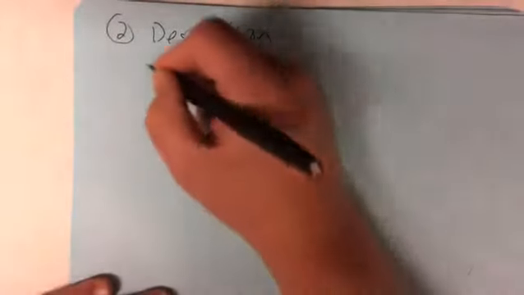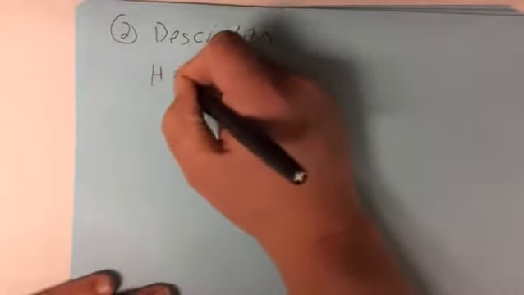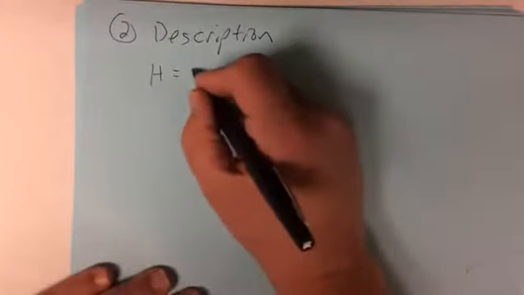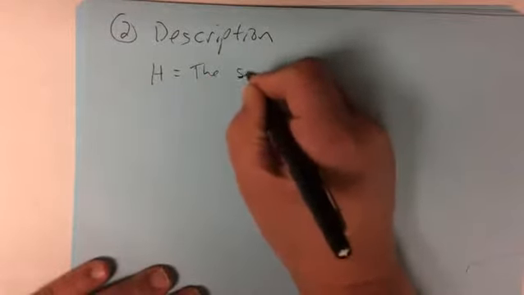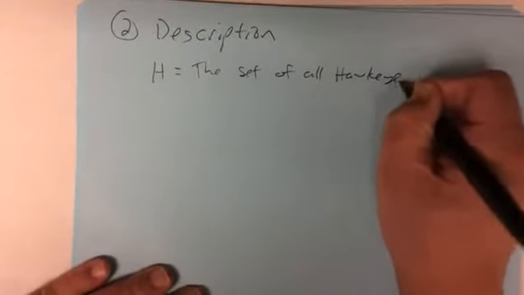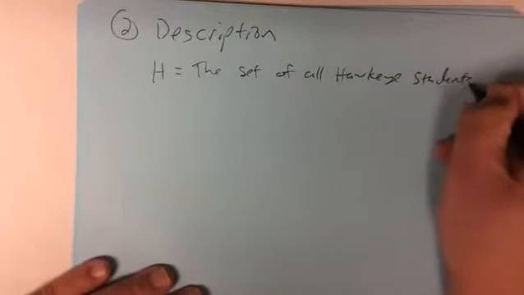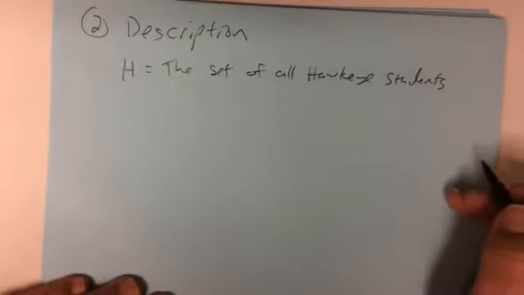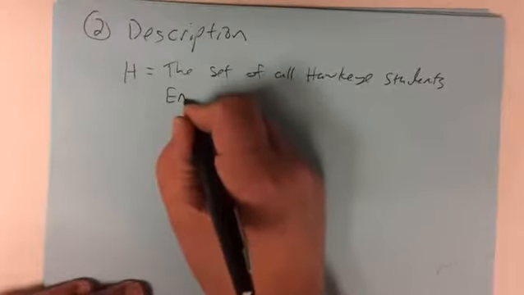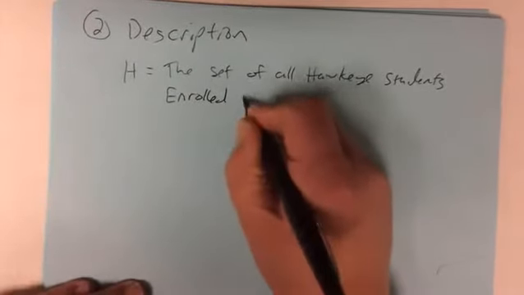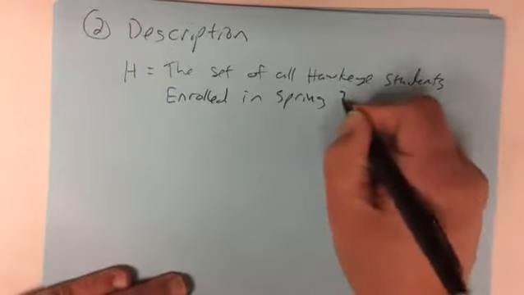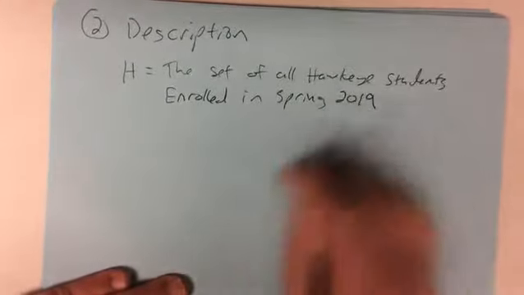So I might use description. If I'm interested in the set of all Hawkeye students, I could let the set H equal the set of all Hawkeye students enrolled in spring of 2019.